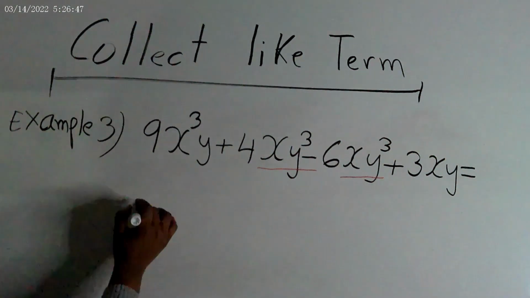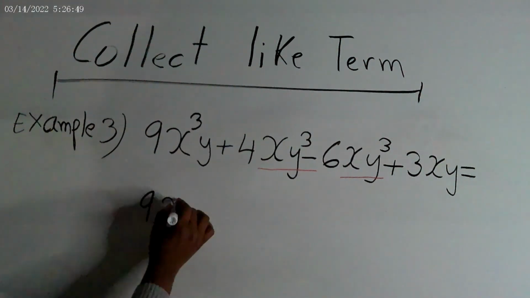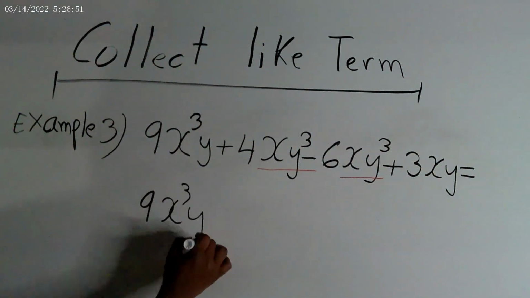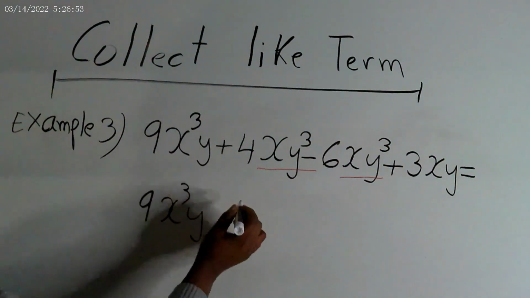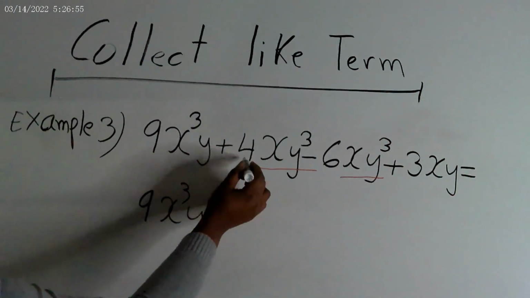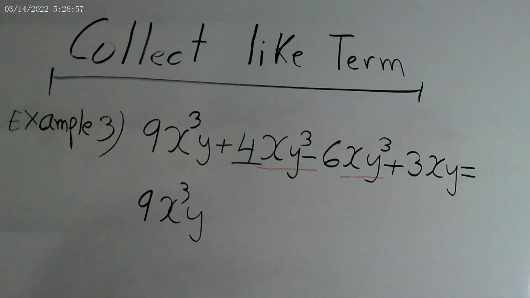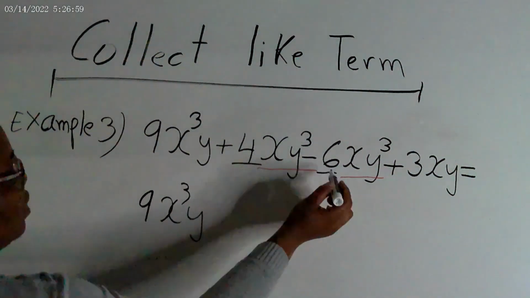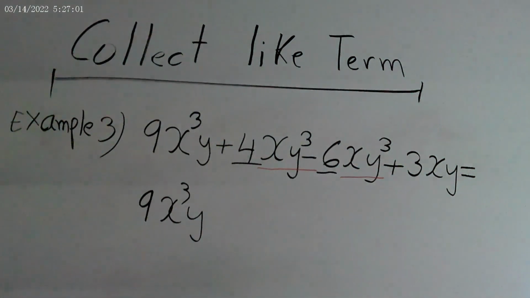That one, 9x cubed y. So right here you have plus 4 minus 6. So what are you going to do? You're going to do subtraction. And then you're going to keep the sign of the biggest number.